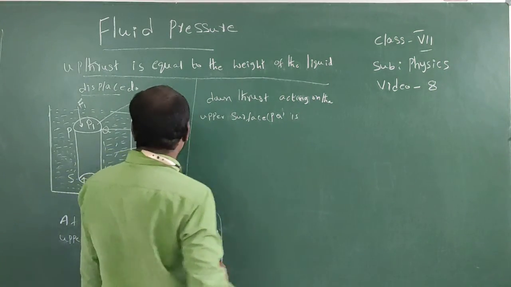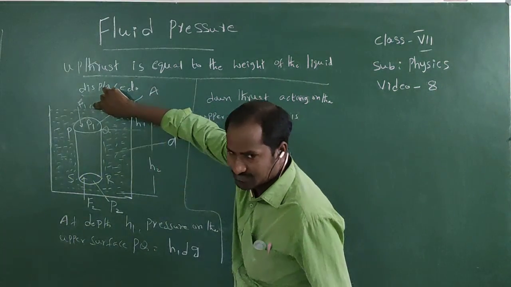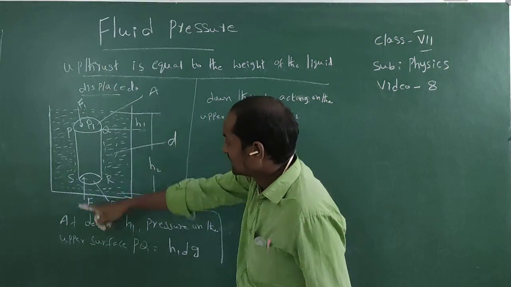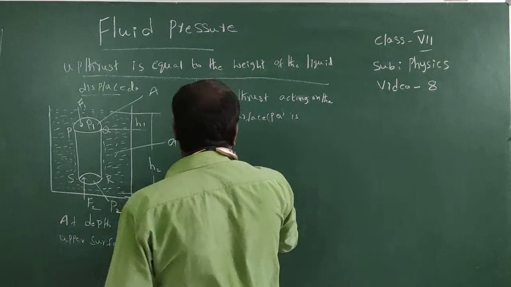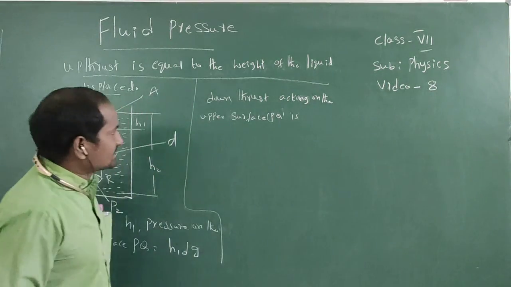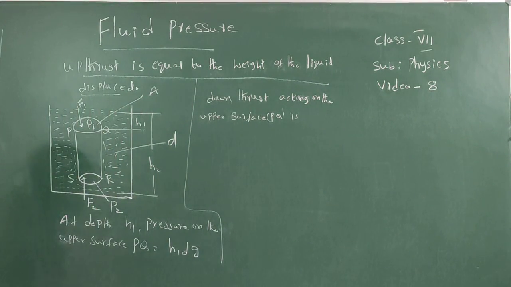Thrust means force, so F1 acts on the body at the upper surface, and F2 acts on the lower surface in the vertically upward direction.